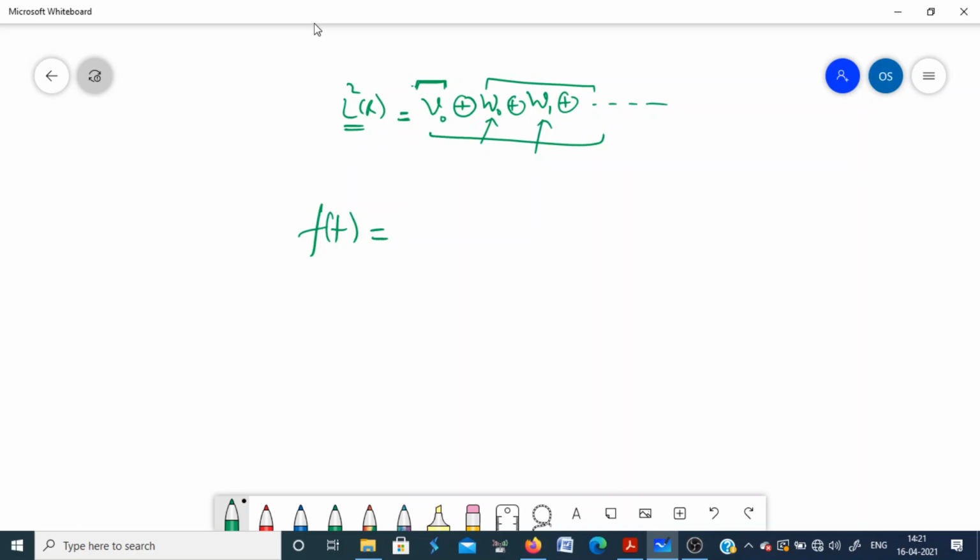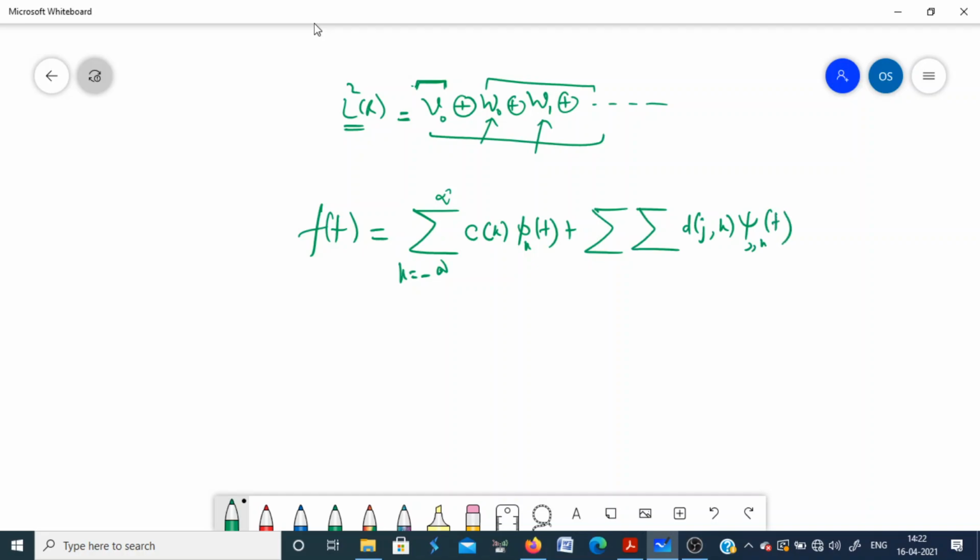So you can write the DWT as summation of c of k phi of kt plus summation over d of jk psi jk of t, where k is from minus to plus infinity and j is from 0 to infinity.